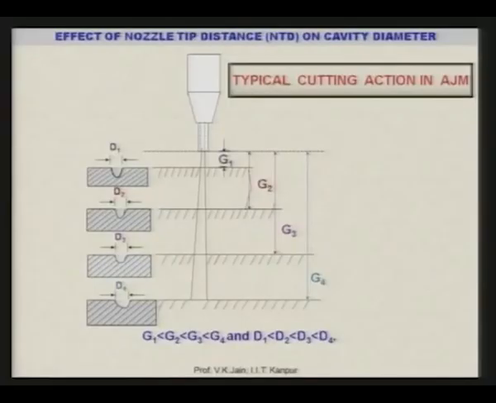Now, if you further increase this, and make it G3, then you can see D3 is bigger than D2, and if you further increase to G4, you can see this width has increased further.